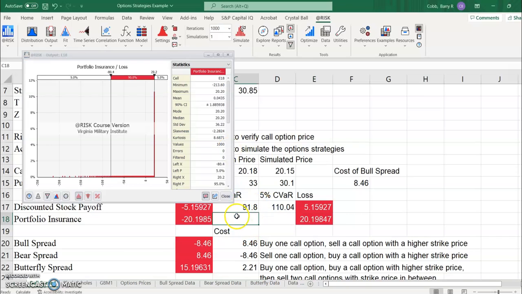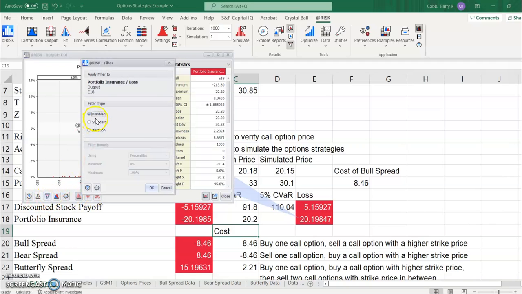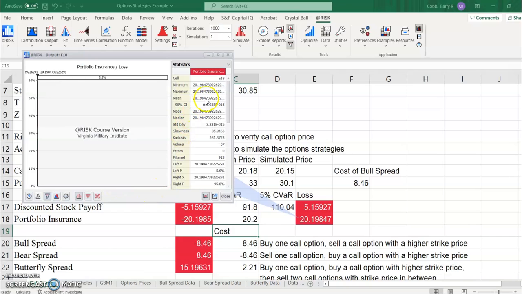But that nevertheless is the 5% VAR. And then the CVAR will apply the filter again. And it should be relatively obvious what's going to happen here when we filter out above the 95th percentile. We're basically going to get a mean that's also equal to $20.20.